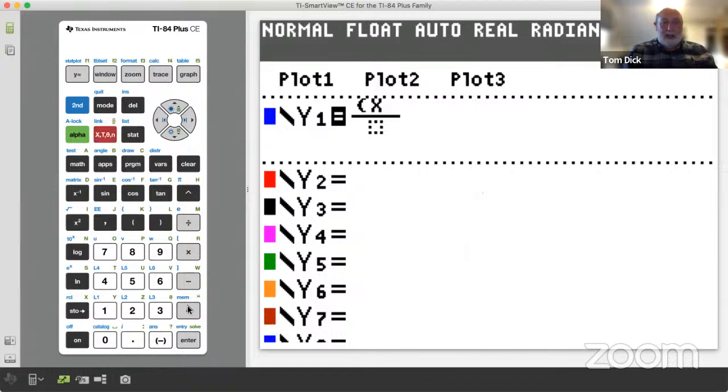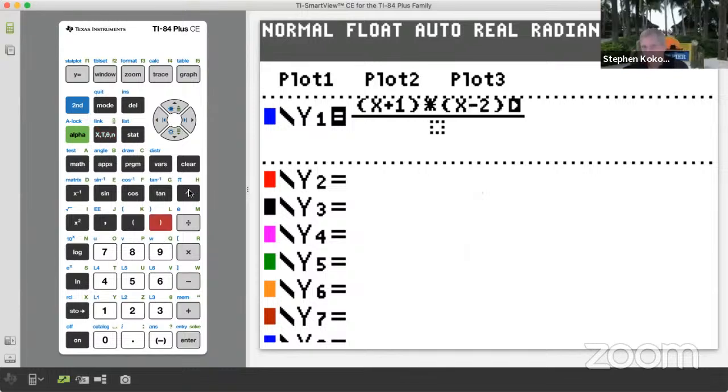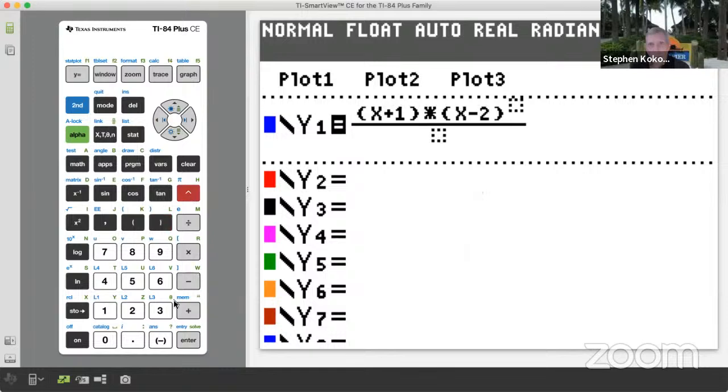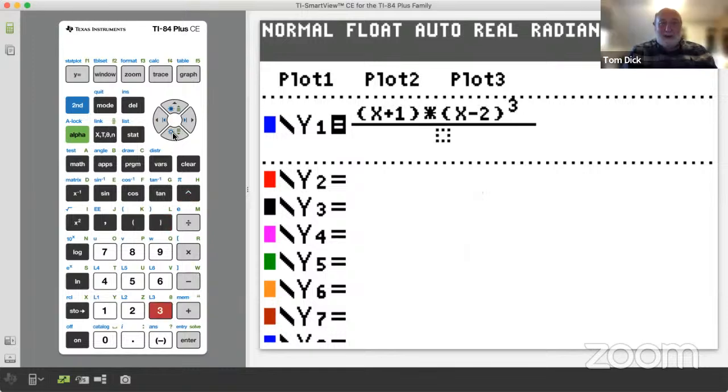So let's see, he had it in a nice factored form. Hopefully you all will yell at me if you see me make a typo here anywhere. Looks good so far. We'll see. Here we go. Great. And now we'll go down to the denominator and enter those factors. Oops, I think that's not what I wanted.